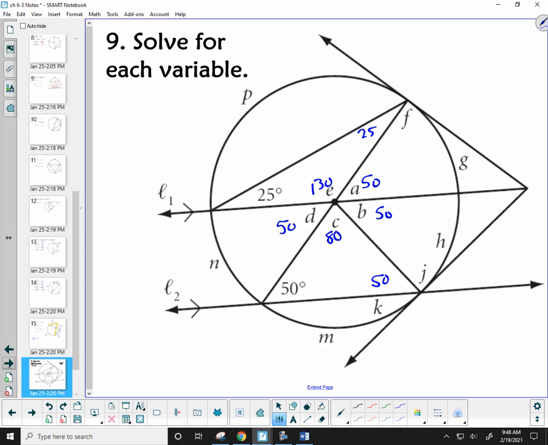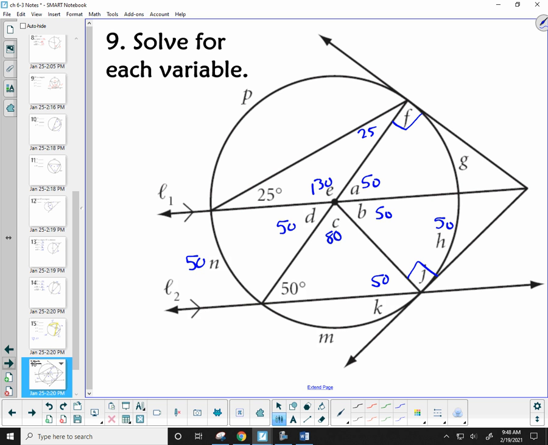So now we have a whole bunch of central angles, right? So D is 50, N has to be 50. Because of my parallel lines, I also know H has to be 50, or I could have gotten it from my central angle here. So we have tangent lines here. Tangent lines and radii intersect to form right angles. A radius and a tangent line intersect to form a right angle.